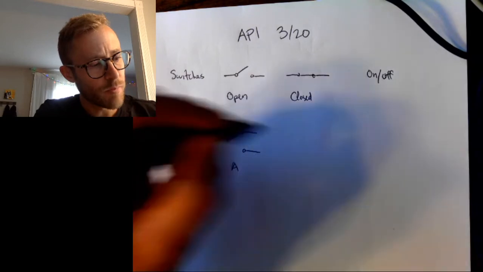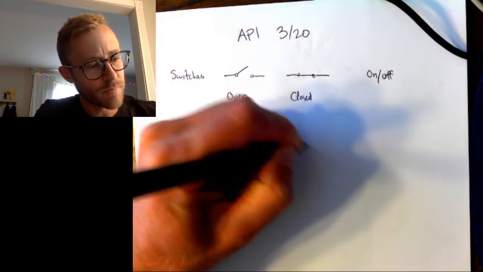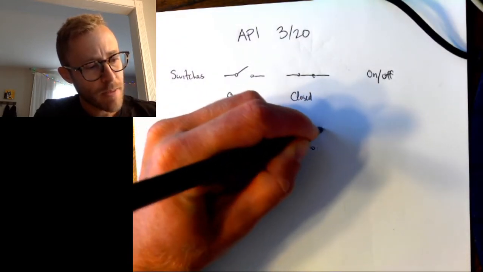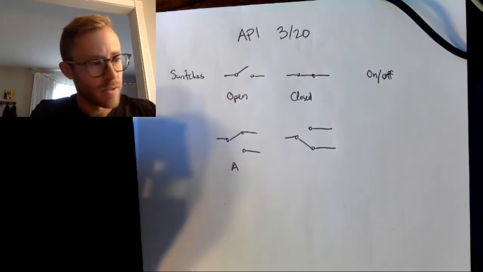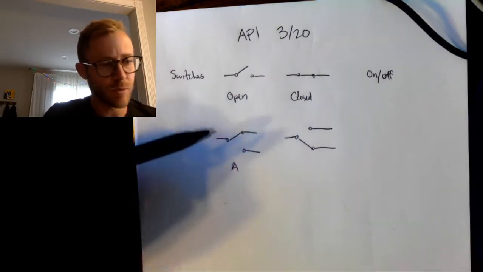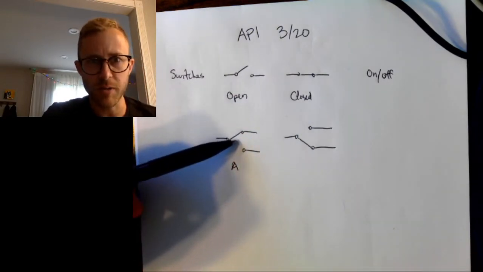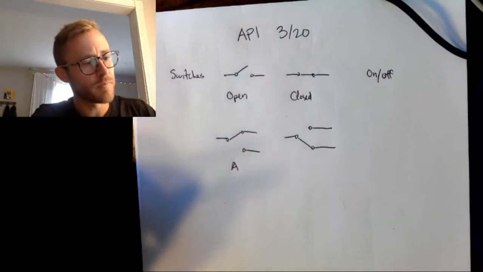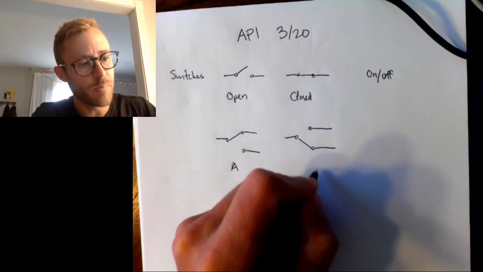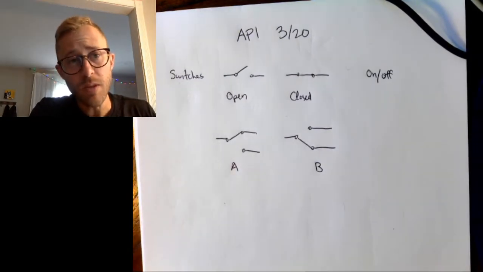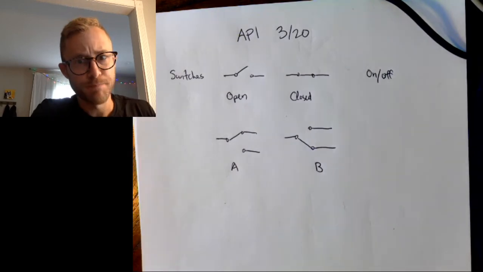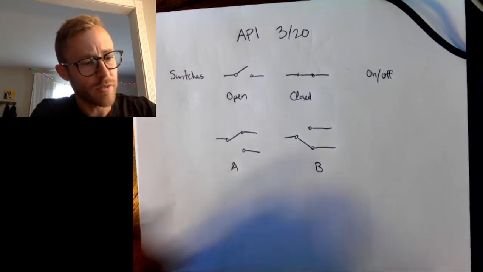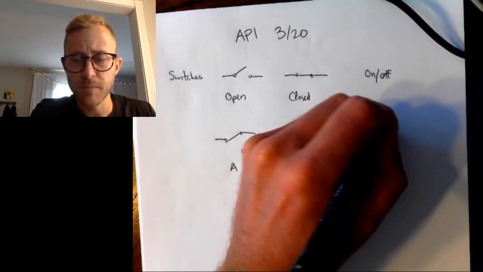Or you could imagine swinging the switch down like that. So basically this little piece right here can swing up or down. And so that would be the B position. I just call that the AB switch. Okay.